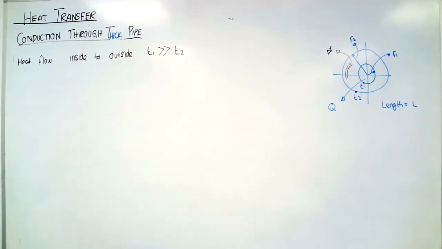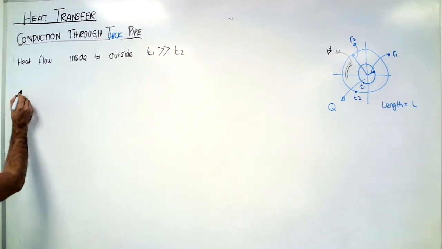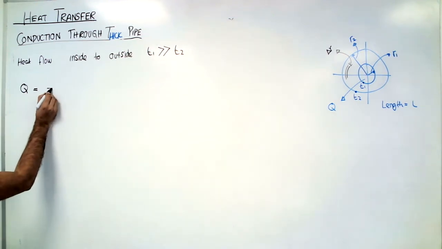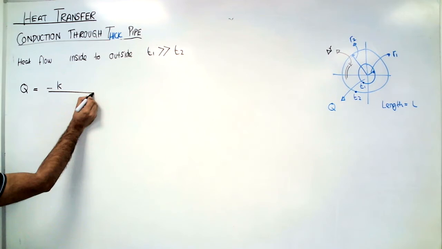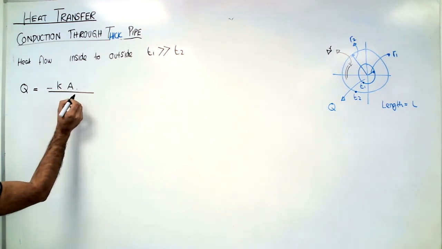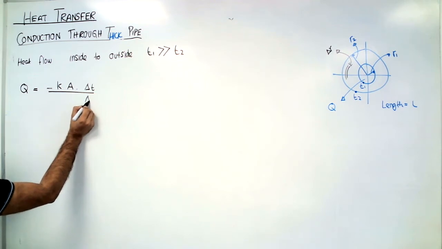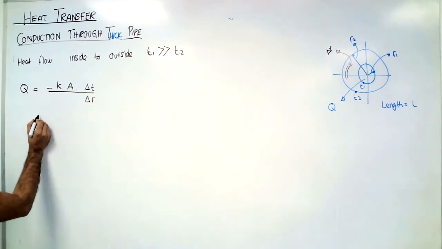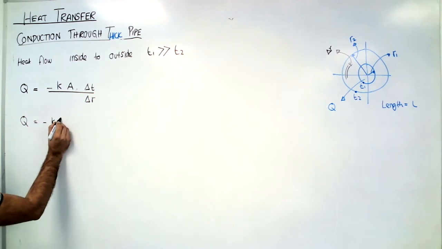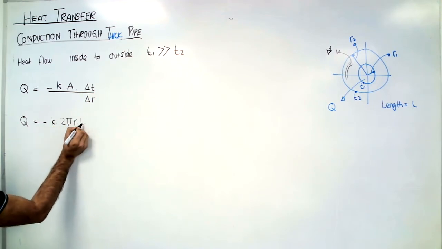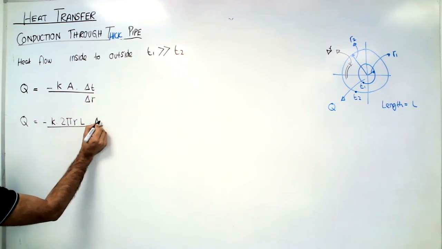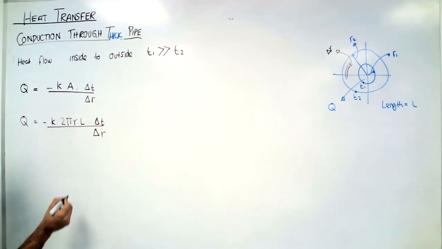Now, if I want to use the same formula, I have Q equals minus K times the area, times delta T over delta R. Instead of area, I can put 2 pi RL. You can put dT over dR, which is the same as delta T over delta R, like in differentiation.